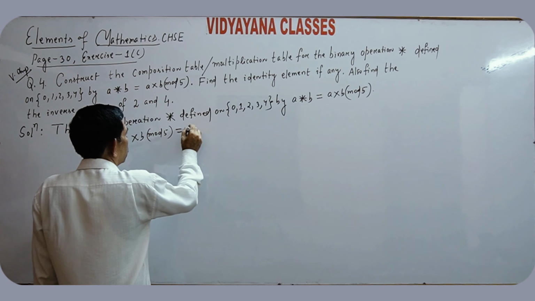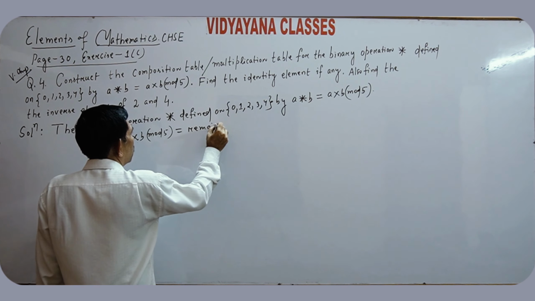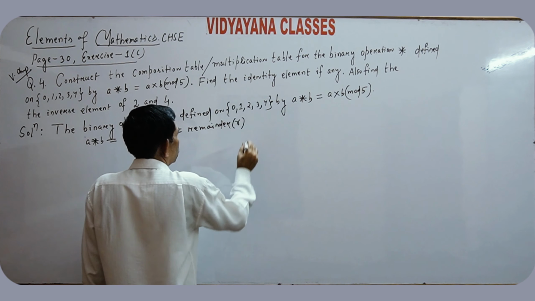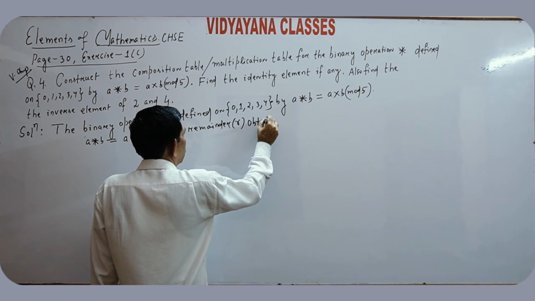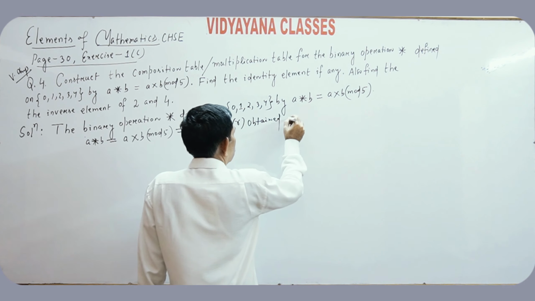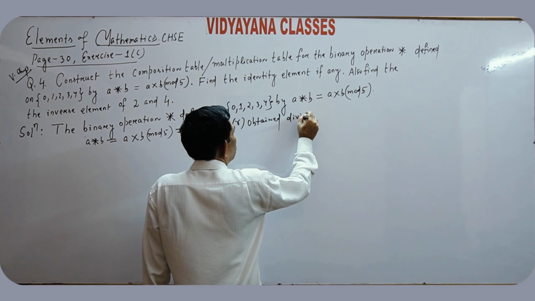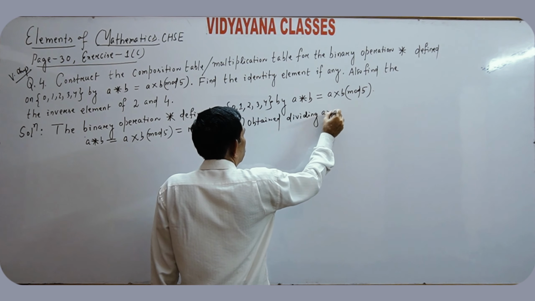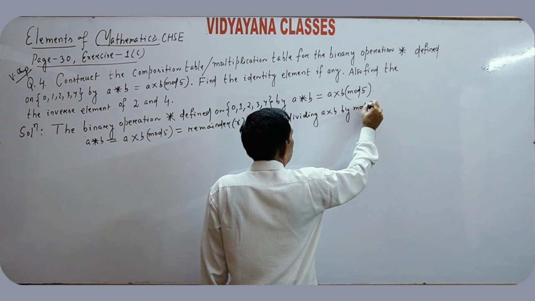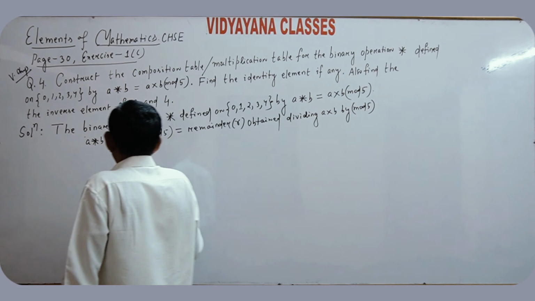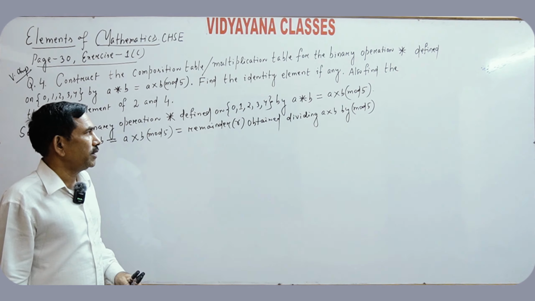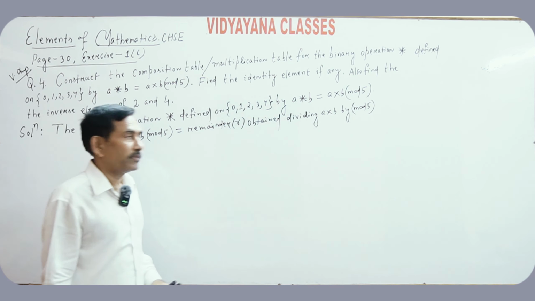It implies the remainder, that is r, obtained dividing a into b by mod 5. a into b modulo 5 represents the remainder obtained dividing a into b by modulo 5.